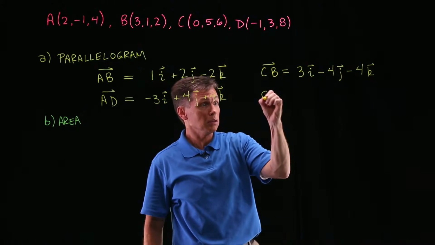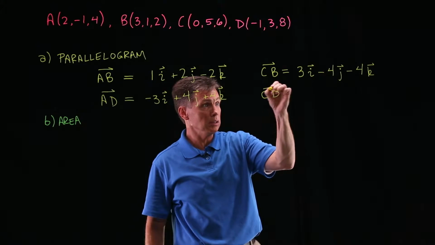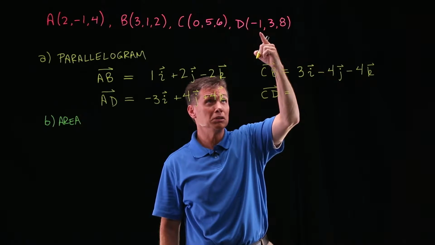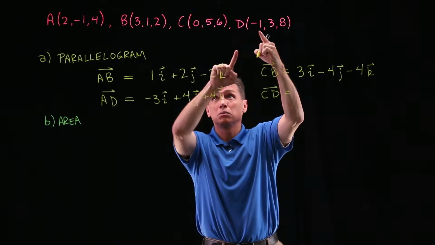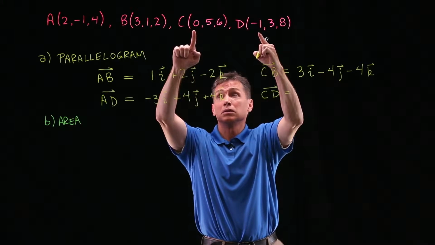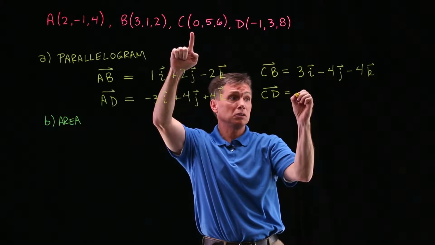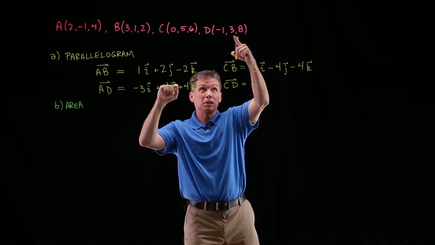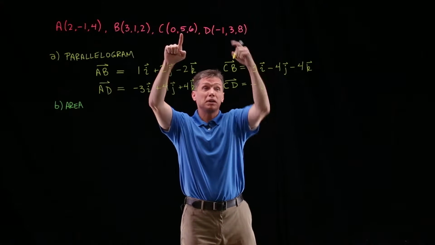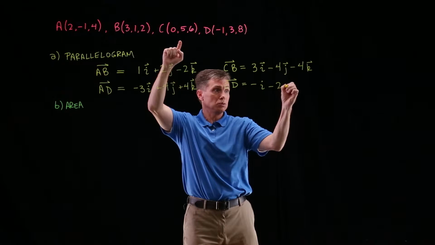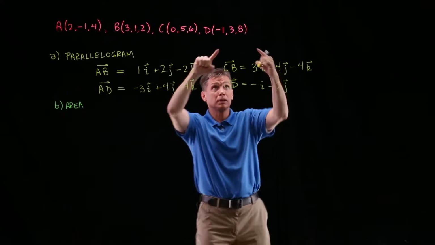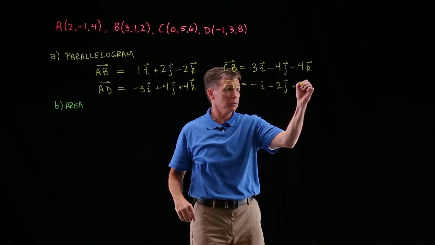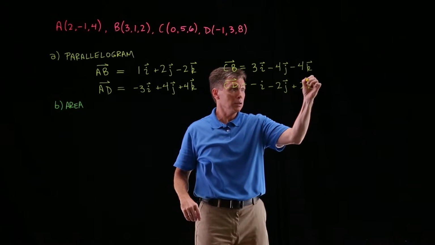One more, that'll be my vector CD. Do the same type of work. My terminal point here is D, so -1, subtracting 0, is -I. Next I would be looking at the 3, subtract the 5, is a -2J. And then 8, subtracting the 6, looks like a plus 2K.